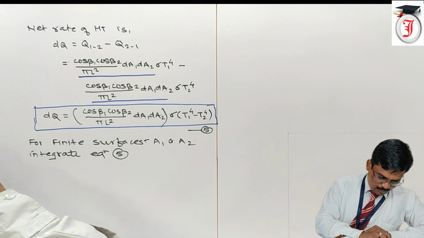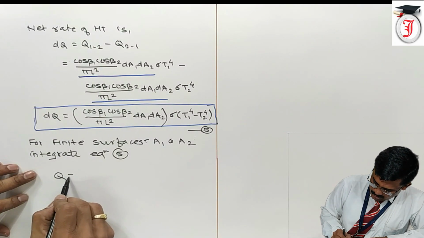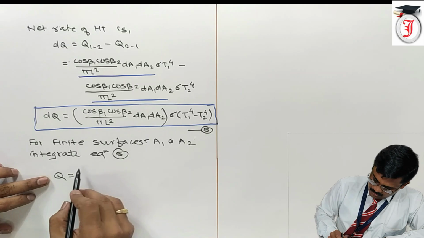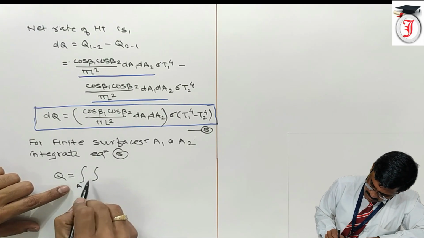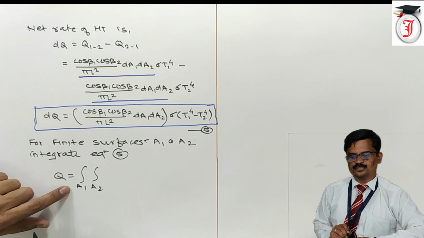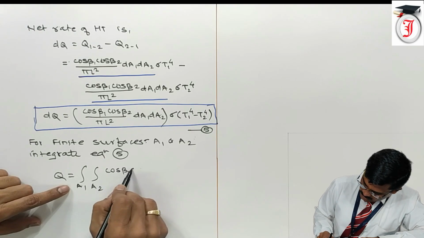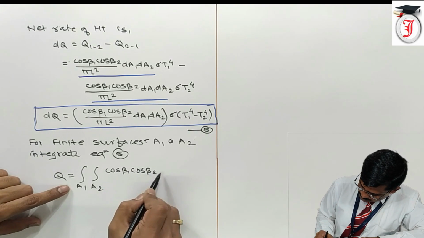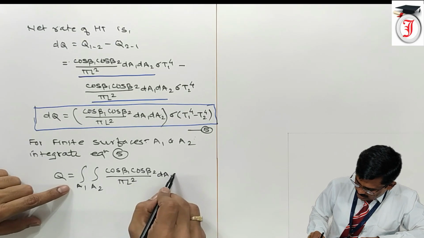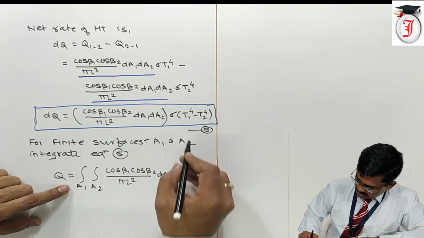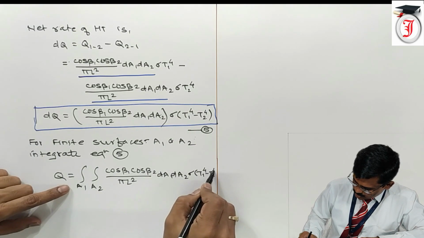So equation 5 becomes: integration of dq is q, equal to integration over the A1 surface, into integration over the A2 surface, of cos beta 1 cos beta 2 upon pi L square dA1 dA2, times sigma into the bracket T1 raised to 4 minus T2 raised to 4.